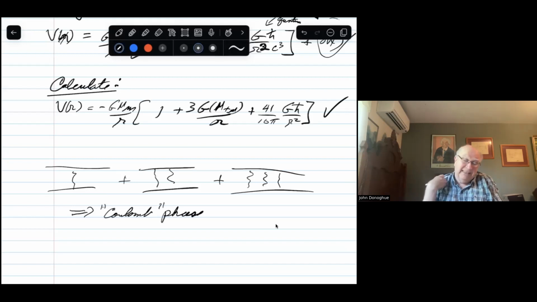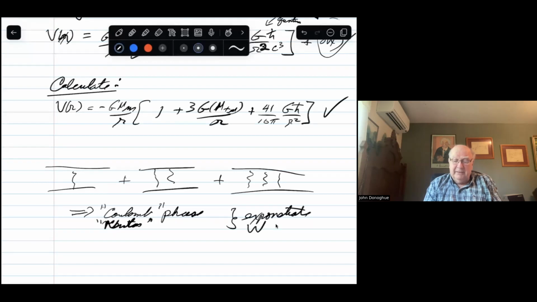So it exponentiates. In this case, you'd probably call it the Newton phase. It's shown to exponentiate in this classic paper by Weinberg, which I have wanted to discuss at several points here and have sort of run out of time for. But it's a good opportunity to say that the phases here exponentiate.